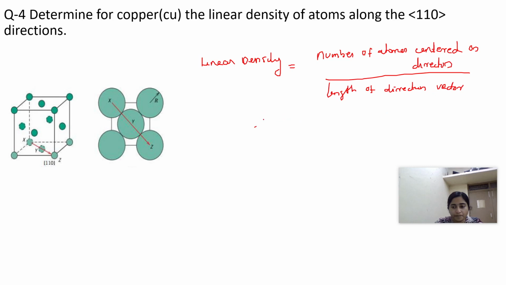Just count the number of atoms along this vector and we will discuss it after some time. Try to find the answer.